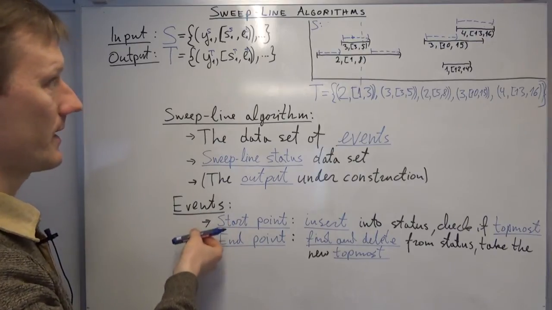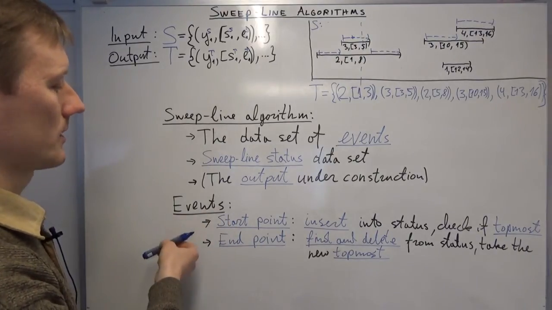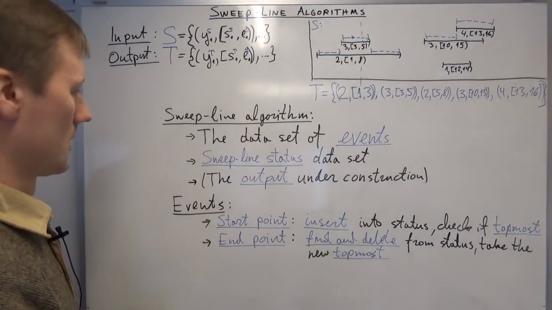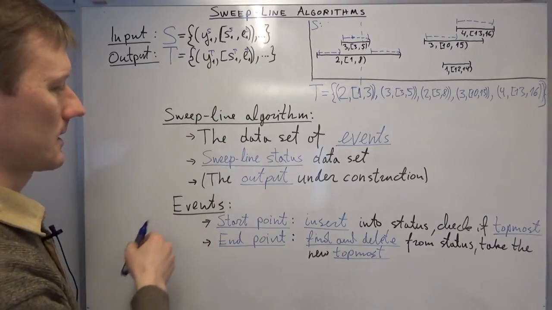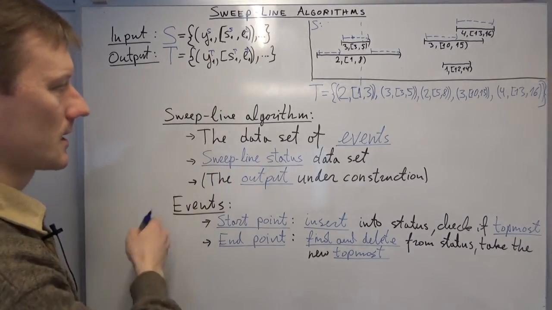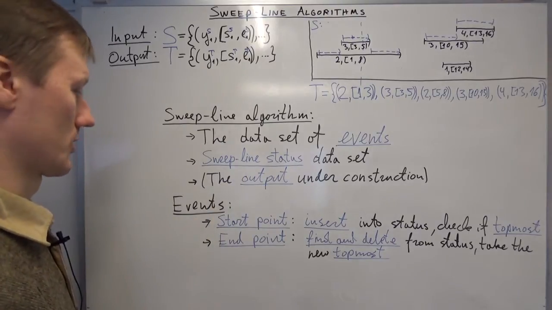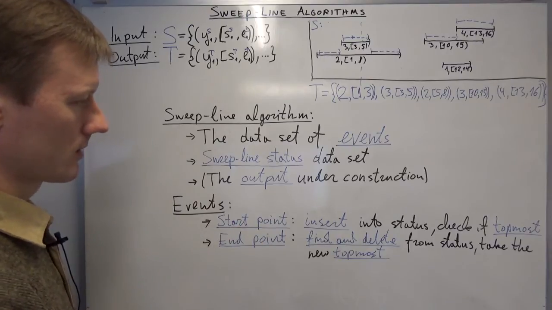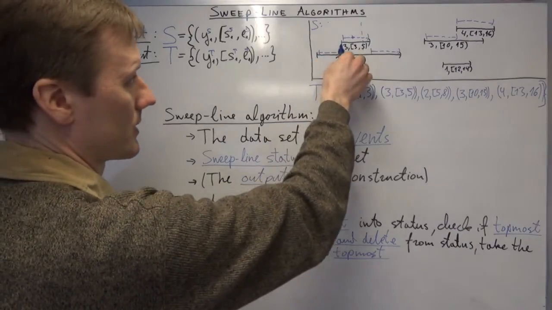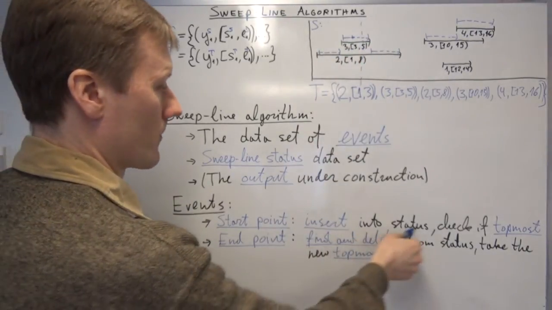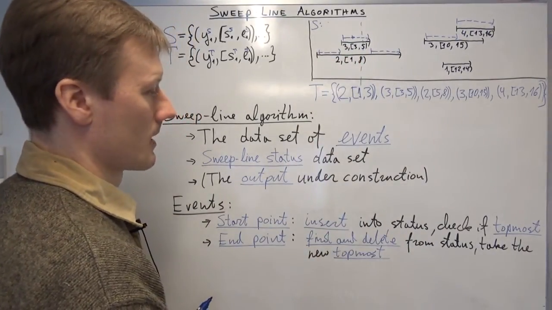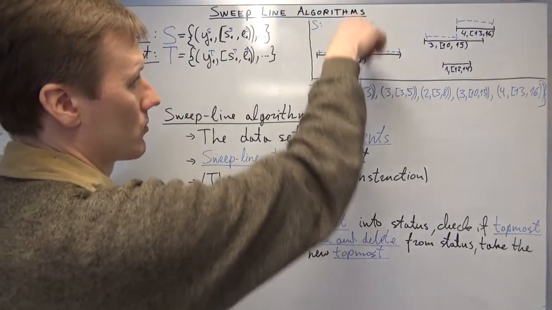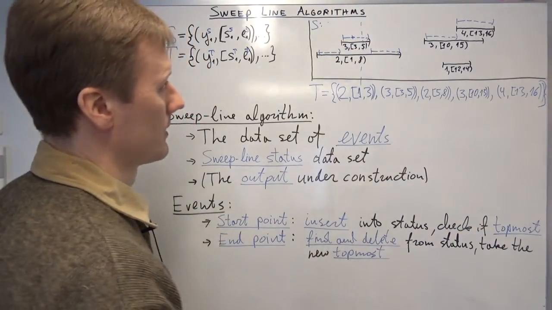Now we have to look a little bit deeper how we update the sweep line status. So there are two kinds of events. There are start points of intervals and there are end points of intervals. And we want to think what do we have to do with the sweep line status data set and with the output under construction. So when the event is the start point, obviously we want to insert the interval into our sweep line status, and then we want to check whether it is the topmost interval in the y direction.